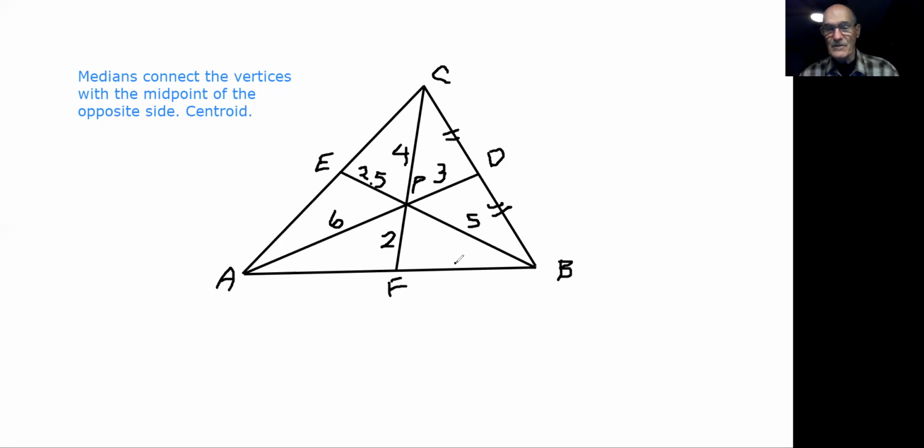And they put a mark here and a mark here, and then they put 3 over here, 3 here, and 3 here. So they don't have to tell you that P is the centroid, because you know it's the centroid because each one of these segments is a median going from the vertex of the triangle to the midpoint of the opposite side, okay?